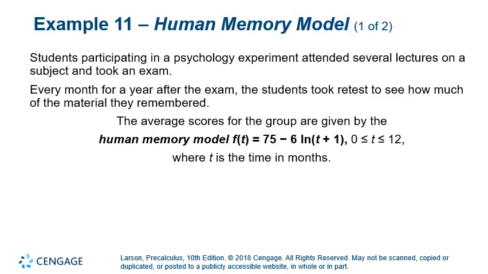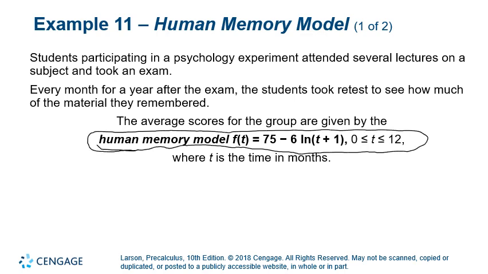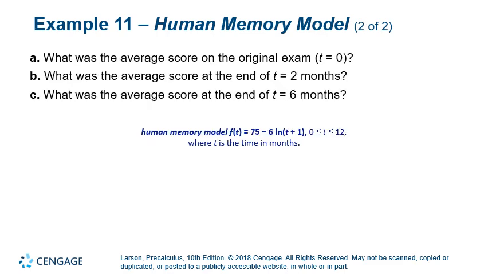Now for logarithms, you see a lot of logarithmic models in medicine. This one is talking about the human memory model, a psychology type thing where they're studying the memory in human beings. And they're talking about scores to see how much they remember of the material. And this is a model that they came up with, where t is time in months. And they said, what was the average score on the original exam when t is equal to 0?